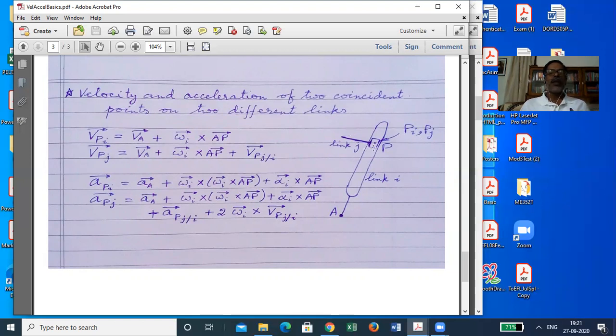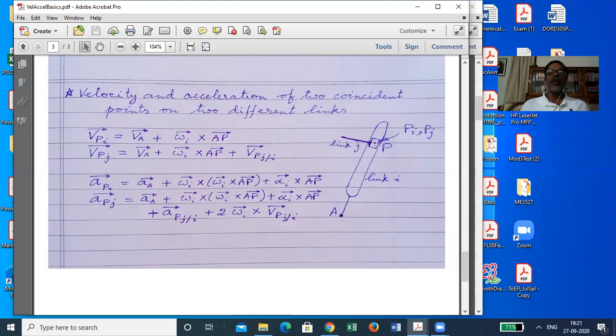So for this point Pi, you can say that velocity is velocity of this point plus omega cross AP. Fine, that is this omega I cross AP.